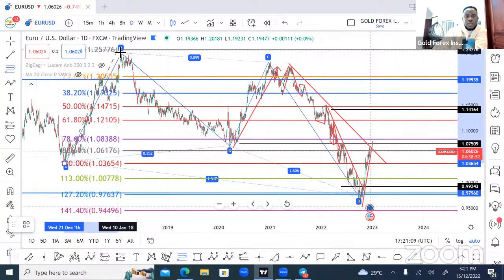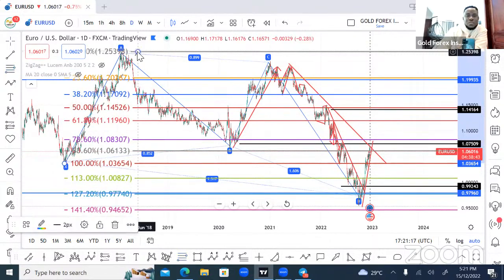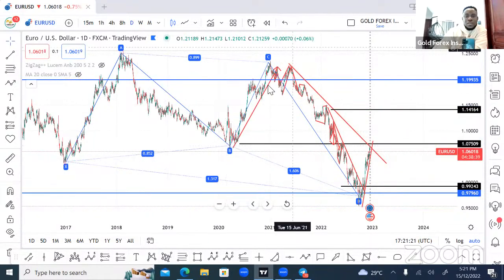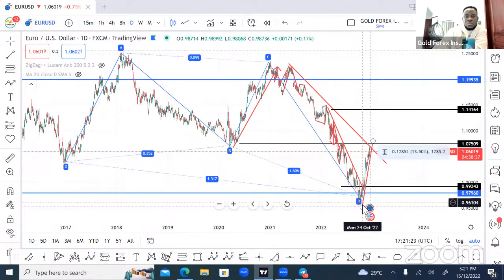Was it a butterfly? Yeah, this is a butterfly. Okay, so it came to tie the 78.6 Fibonacci level here. It went up, so it was supposed to end at 1.272 Fibonacci level.